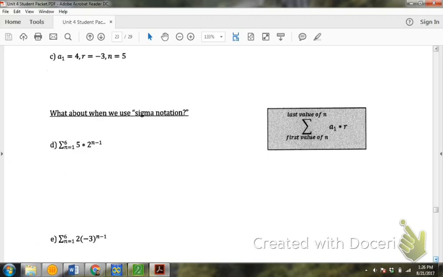If I set up S sub 5 equals 4, 1 minus negative 3 to the 5th, look at how I've done this here. I put the negative 3 to the 5th in parentheses, and then I have 1 minus negative 3.